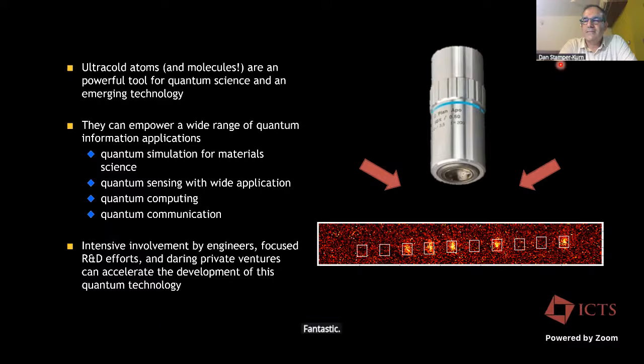Fantastic. I had another question, which is I was asking Anna Maria yesterday about her talk at ICTS about these nuclear clocks that people have been talking about recently. But in the context of your talk, I want to ask whether the nuclei of these cold atoms, can one exploit, I don't know, the nuclear magnetic moments and other couplings?